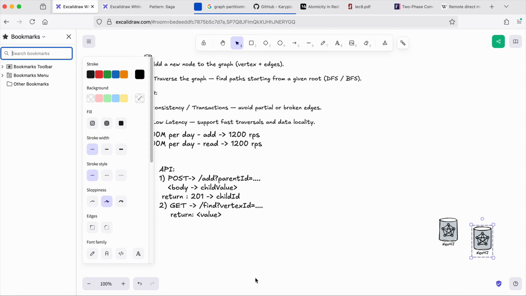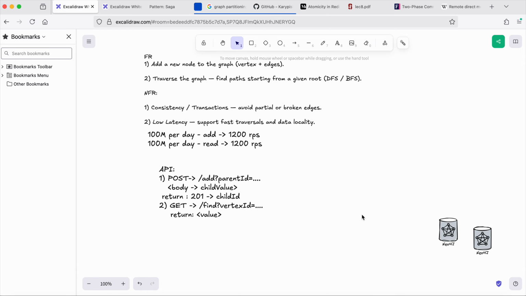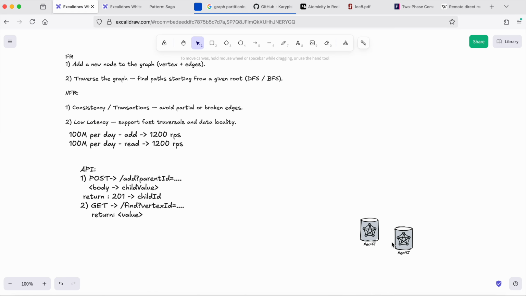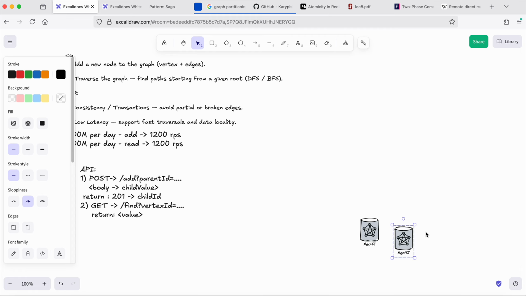What I would like to add here is that this database is definitely a single-node graph database, which is using some kind of linked lists under the hood.